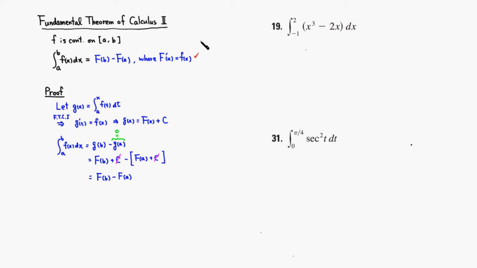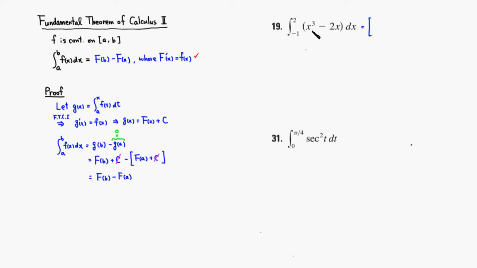Alright, so let's use the fundamental theorem of calculus, part 2, to evaluate the following definite integrals. Let's look at number 19. First thing we have to do is find the antiderivative. I usually put the square bracket here.